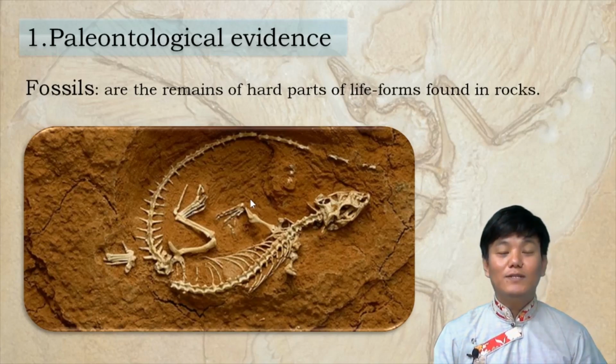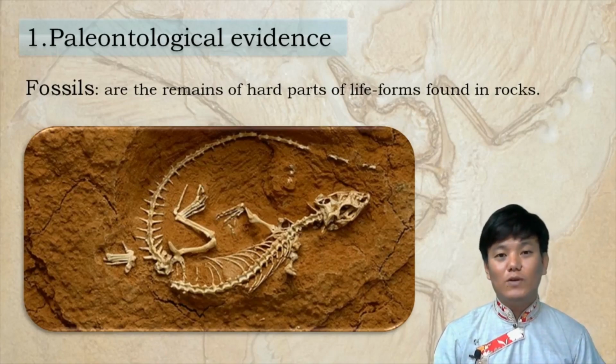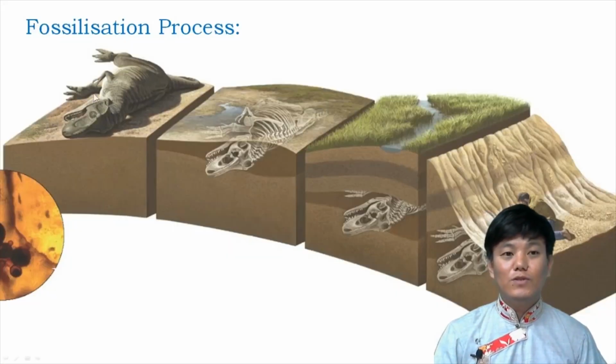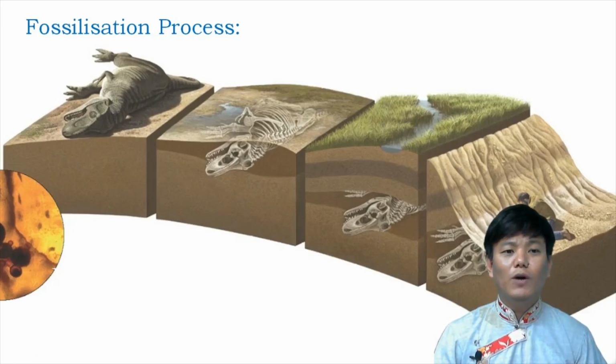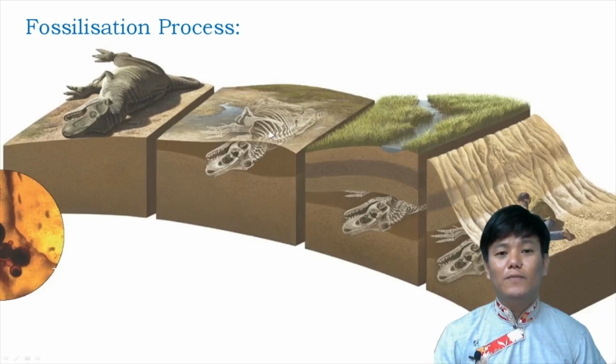But before we discuss how fossils act as evidence for evolution, let us first look at the fossilization process. Let us say an animal a long time back died in such a way that it was not eaten by scavengers and its whole body got buried under the soil.